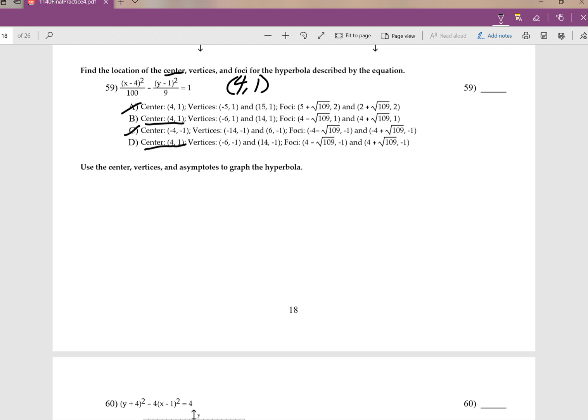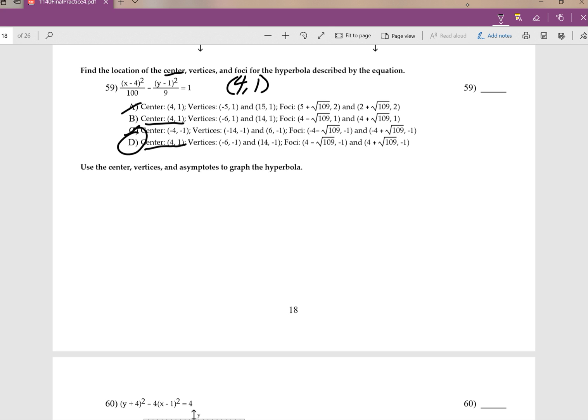Now, here's the hint. The x comes first. Since the x comes first, that also is telling me that the vertex has to have a shift in its own right. So in this case, it would have to be answer choice D. The other consideration is the foci.